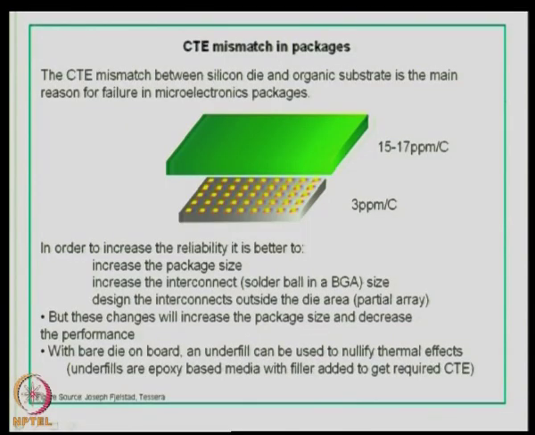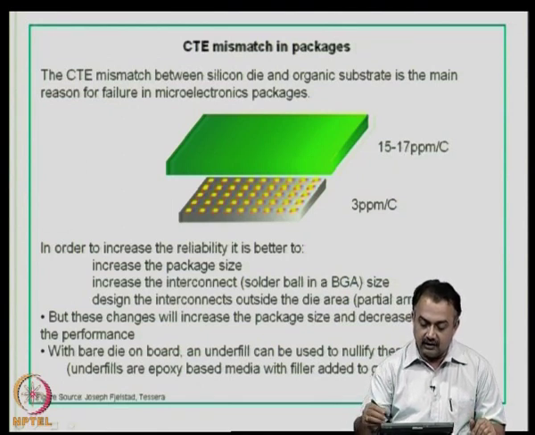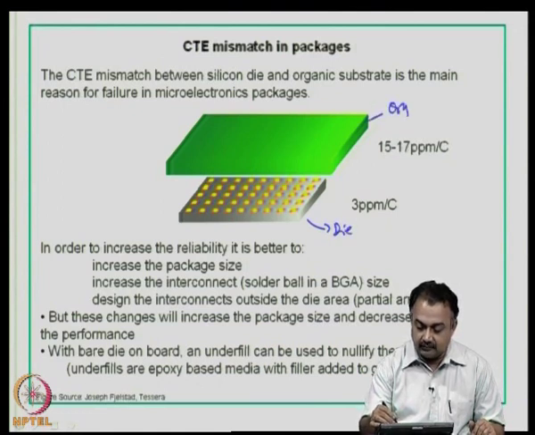Now, if you look at this slide, this is a typical example. We have seen numerous cases like this. There is a silicon die here, and this is the organic package.